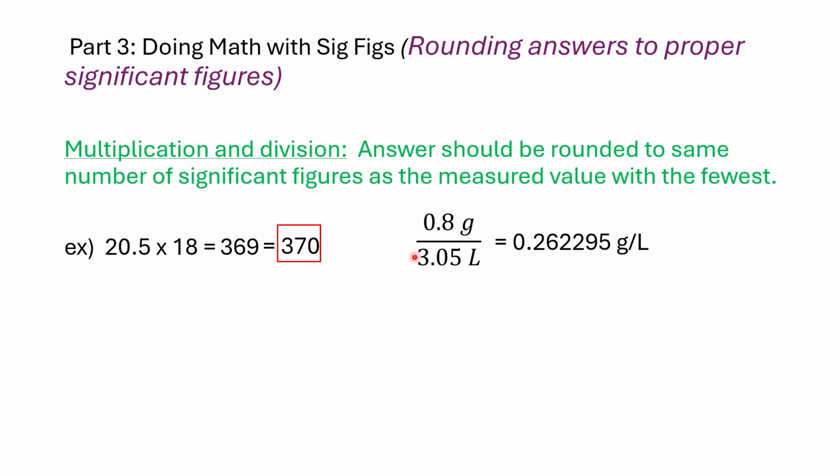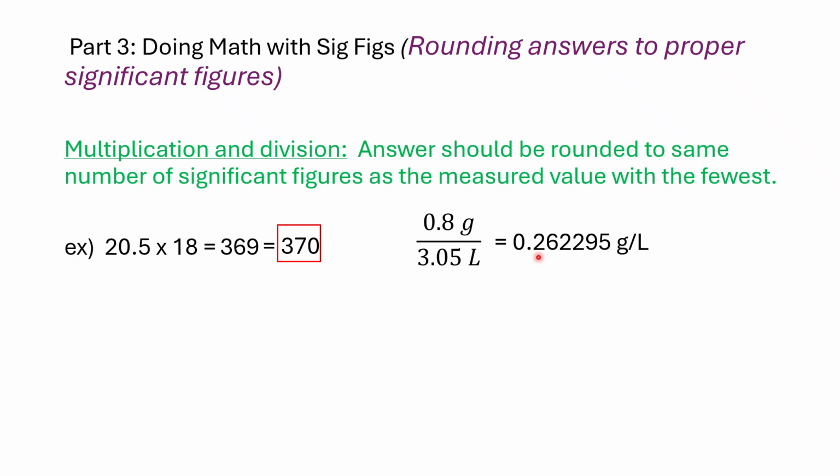But between 1 and 3, of course, 1 would be less, so our answer needs to be rounded to only 1 significant figure. So then what we do is we look at our answer, and starting at the left, we're going to stop when we get to 1 sig fig. So moving from left to right, the 2 in the tenths place is the only sig fig I want.